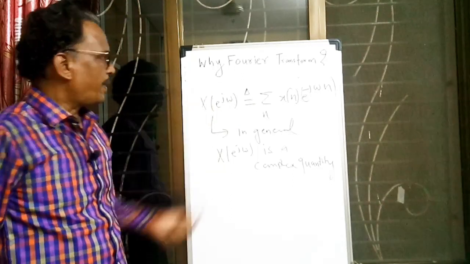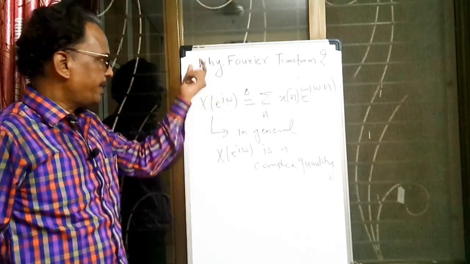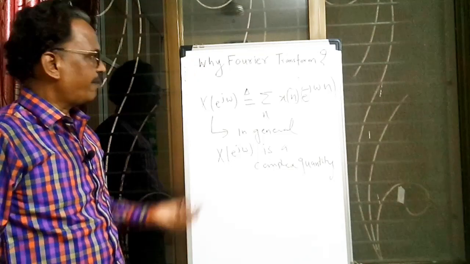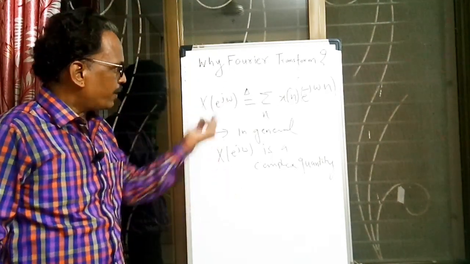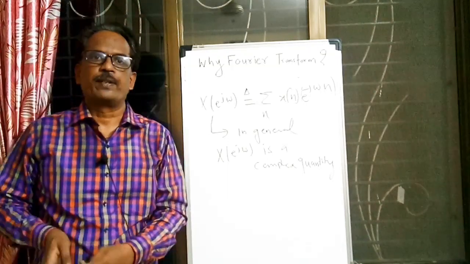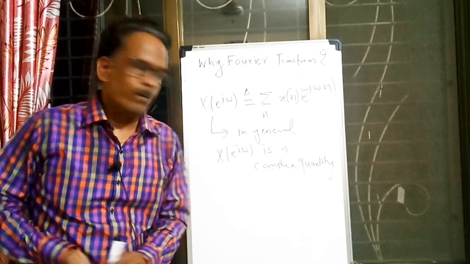It is one complex value for omega equal to 0, another value for omega equal to pi, another value for omega equal to 2 pi. So likewise, X(e^{jω}) is a complex function of frequency omega.